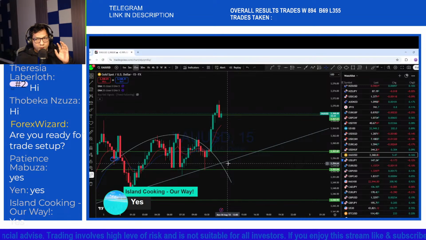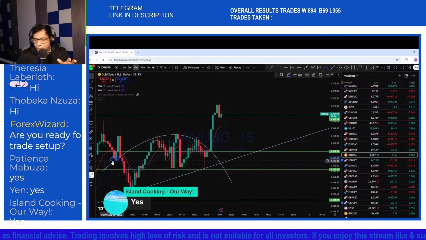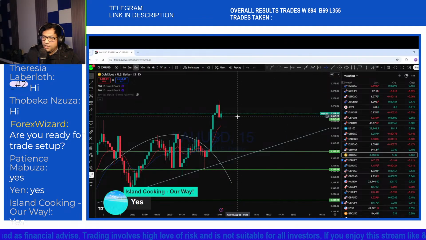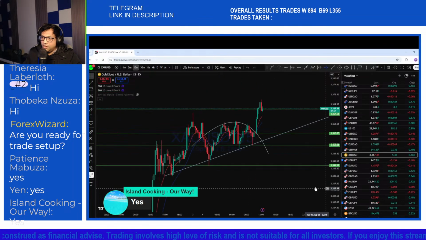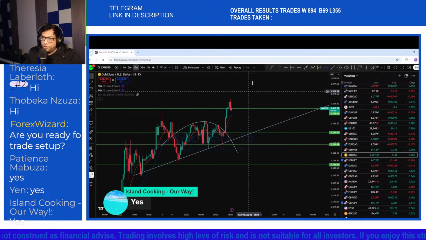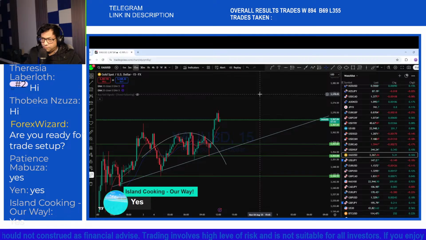So our goal here is to look at a market that is dropping to this support level, and then return again to the direction.